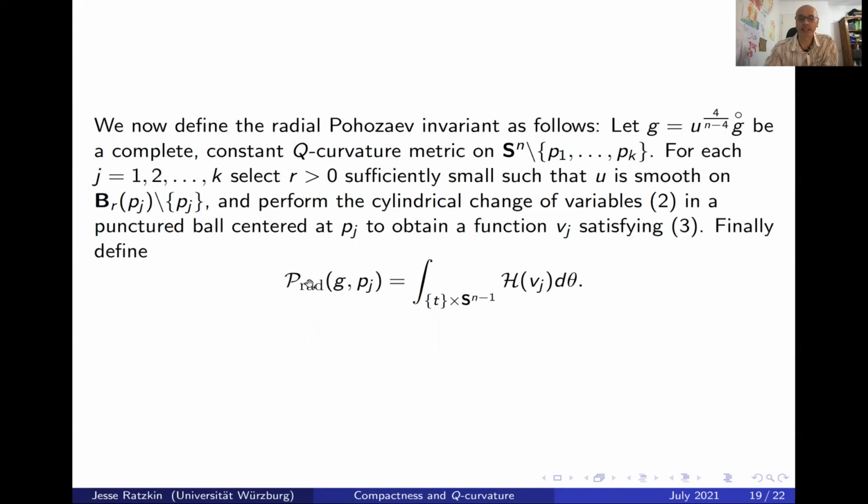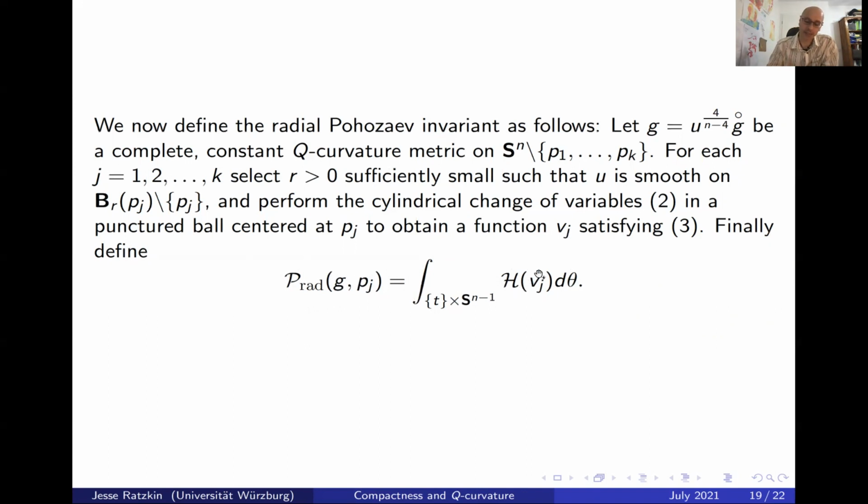And finally, I can describe the radial Pohozaev invariant of the metric g evaluated at the point p_j: it is equal to this integral over a constant t slice of the Hamiltonian energy of v_j.